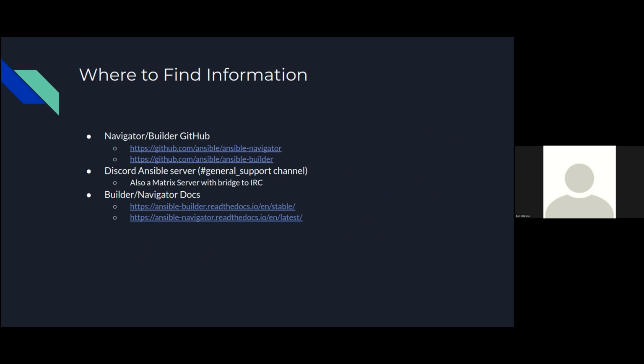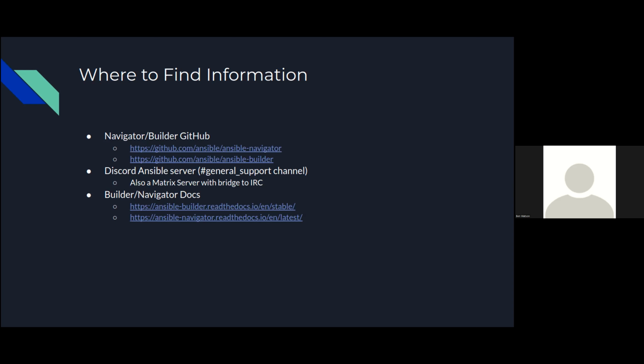Here's some more info, right? Obviously, you can go to the true source, the GitHubs, Ansible Navigator project. There's the Ansible Builder project. There is an Ansible Discord server. It sees quite a bit of traffic, actually. The more traffic is on IRC, and there's a more modern Matrix bridge to that IRC with some other channels that are not in IRC.